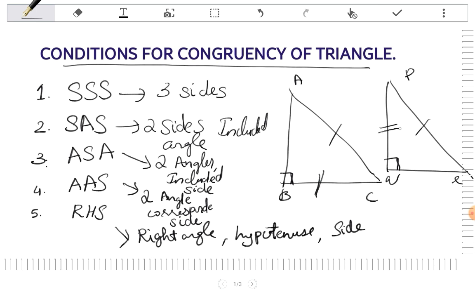So here both the triangles have a right angle and their hypotenuse, that is the bigger side, AC and PR, are of equal length, and it can be either BC or AB, any side. If any side is equal and the right angle and the hypotenuse are also equal, then we can say those triangles are congruent by the RHS condition.